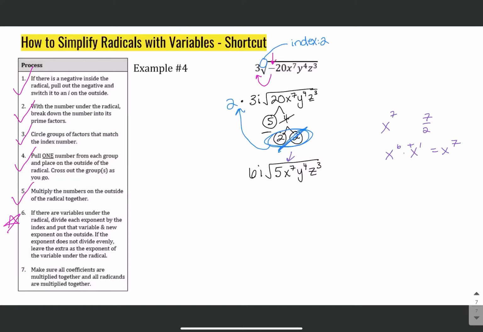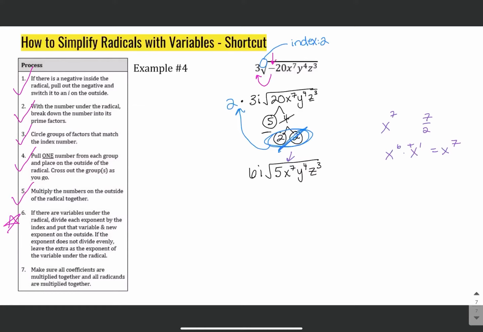So I know if I divide this, I'm going to have 6 divided by 2, and I'm going to have 1 left over. So again, 7 divided by 2, I would have 3, and then 1 left over.